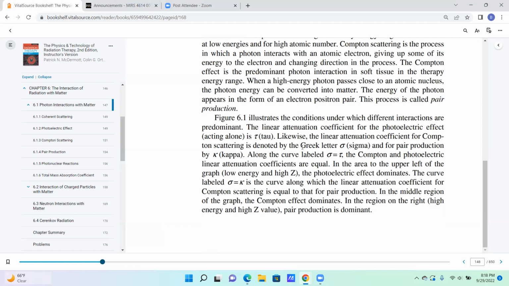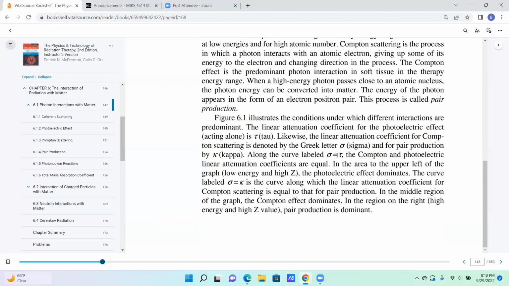In other words, how are we stopping that primary beam as it goes through the material? And how quickly is that happening? And that's going to be our linear attenuation coefficient. So for photoelectric effect, it's called tau. The linear attenuation coefficient for the Compton scattering is going to be denoted by sigma. For pair production, it's going to be denoted by kappa.